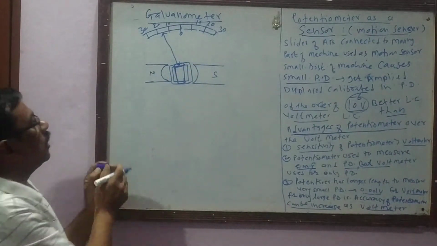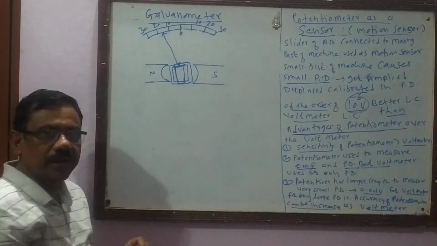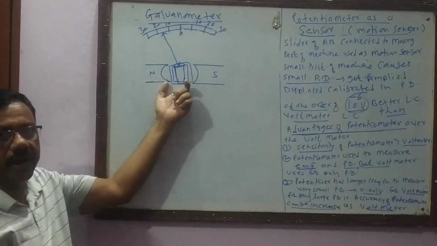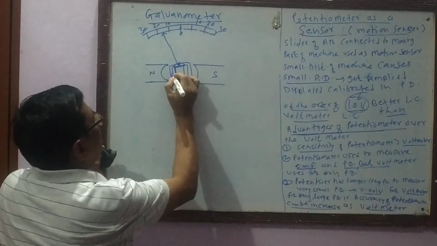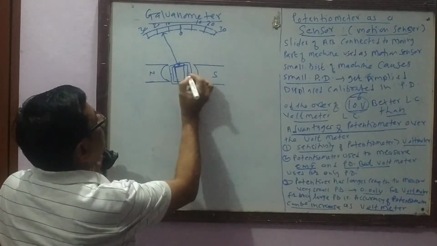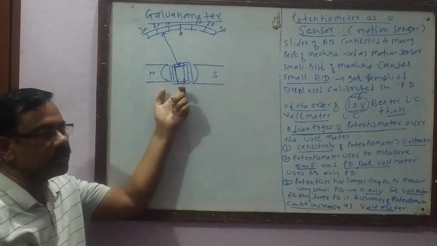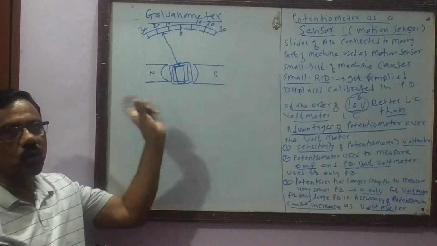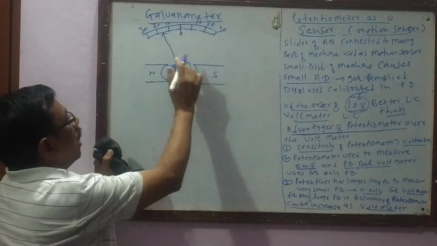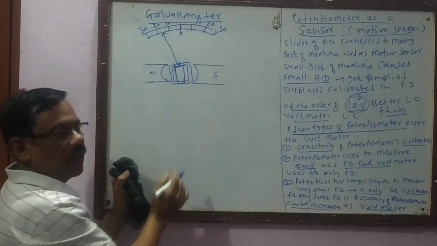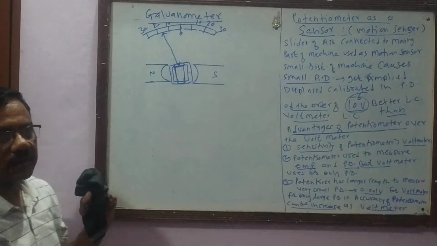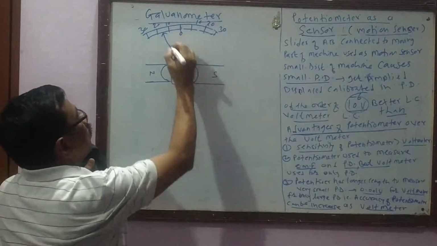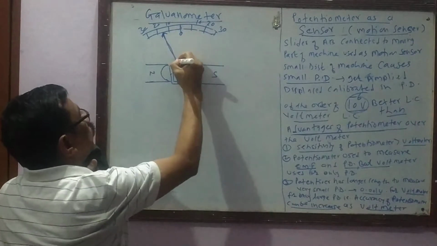Now, under the action of a suitable current, when a current is passing through the rectangular coil, a couple is acting on these two sides, and under the action of the couple, the coil gets rotated, deflects around the soft iron core, and the pointer shows the deflection.